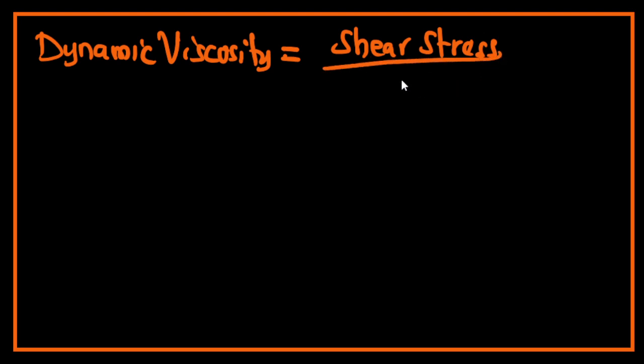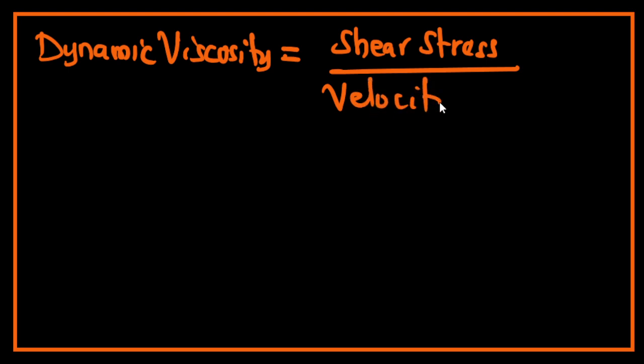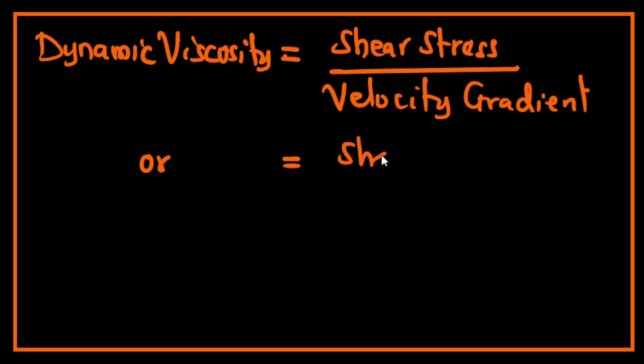Dynamic viscosity is simply equal to shear stress over velocity gradient. Or you could say it is equal to shear stress over rate of strain.